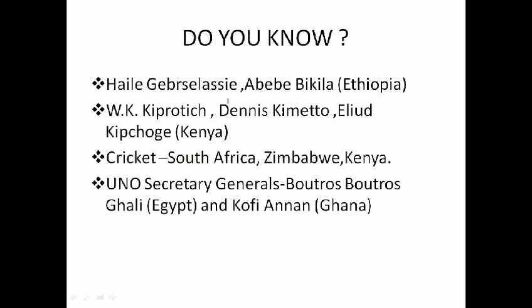They are already legends. Besides this, when we talk about cricket, we remember some African countries: South Africa, Zimbabwe, Kenya. Besides this, two UN Secretary Generals: one is Boutros Ghali from Egypt and Kofi Annan is from Ghana.